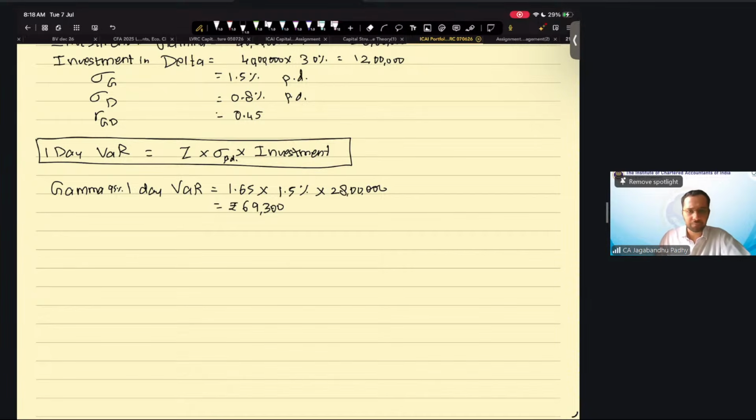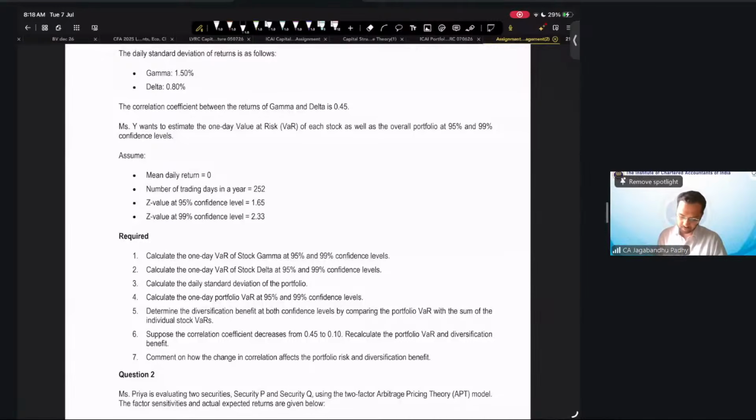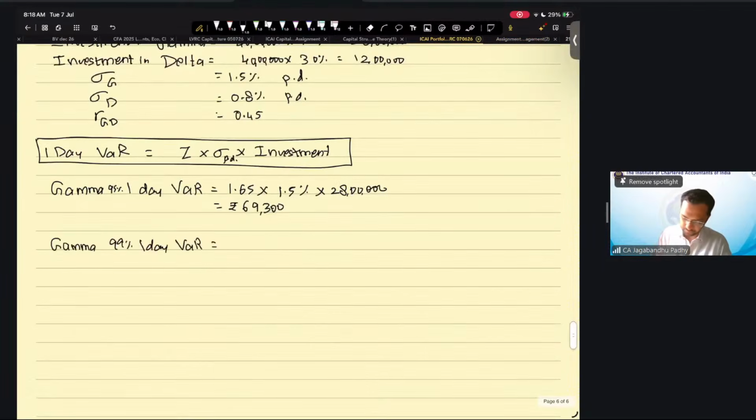Same way, tell me what is Gamma's 99% 1 day value at risk. Now for 99%, the Z score is 2.33.